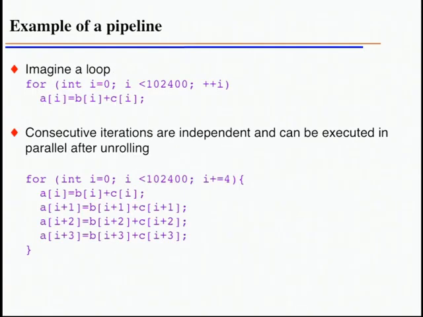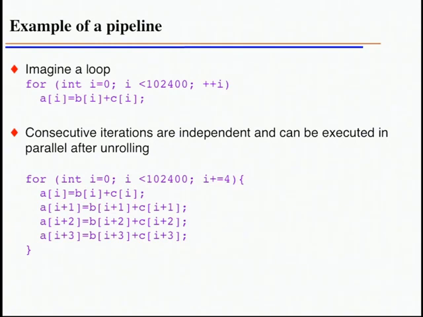Now for a very simple example of that, imagine a loop that's just adding 2 arrays into a third array. Now all these operations within this loop are totally independent of each other. You can easily compute the sum of the second 2 elements of each array without knowing the result of the first addition, right?